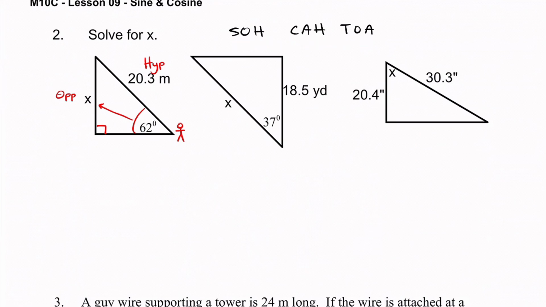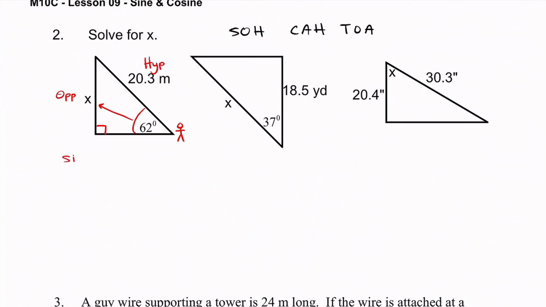Okay, so in this case, if we have opposite, O, and we have H, hypotenuse, we're going to try to find the one that has those 2 sides. So if you want to try to pick it out, you can try pausing it and picking it out. The one that we're going to use has got to have O and H. So this one has an O and an H, so I'm going to use SO. I'm going to use the sine.